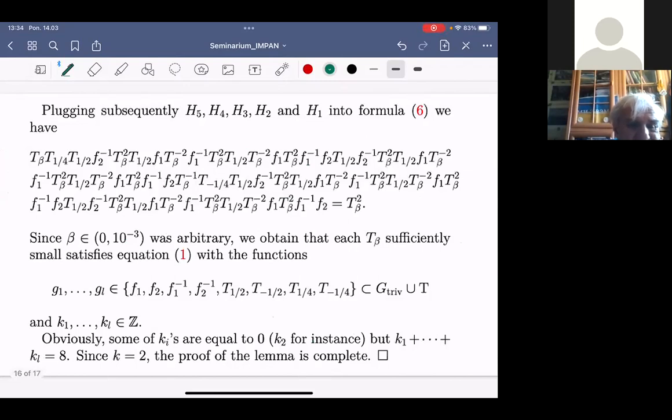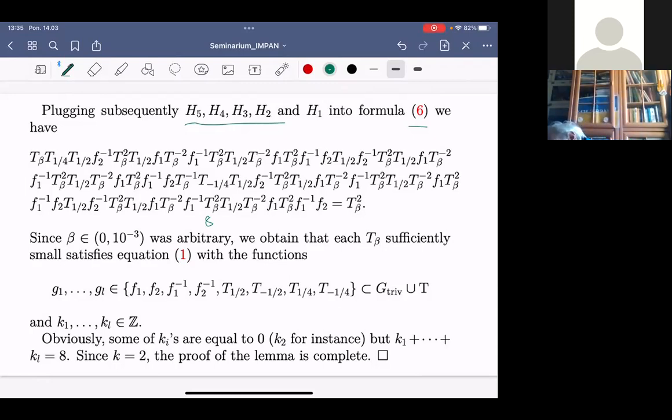Now I plug all elements into formula 6, and we check that exactly on the right-hand side we have 2 beta, and on the left-hand side we have beta. So this equation is satisfied.